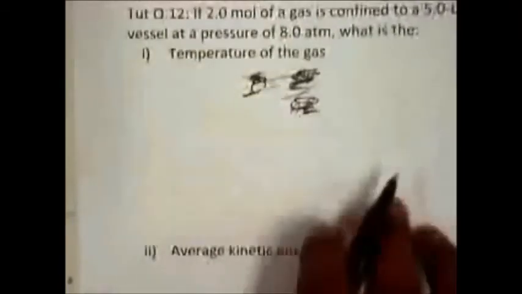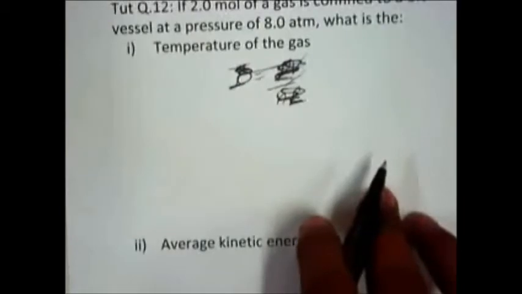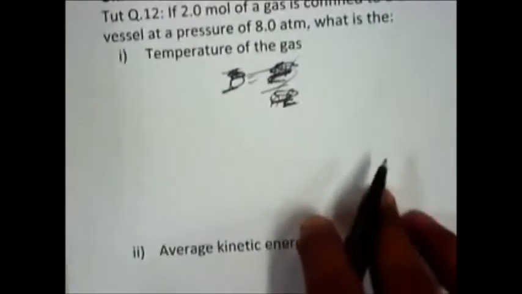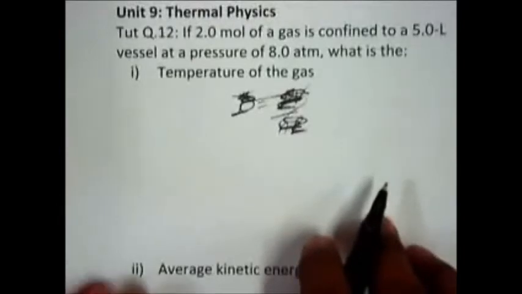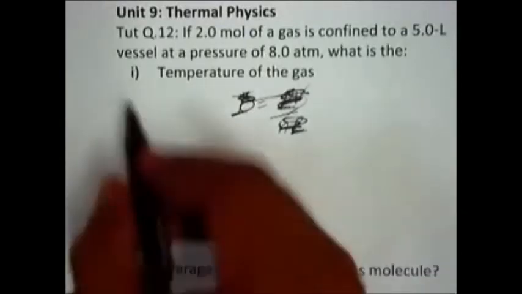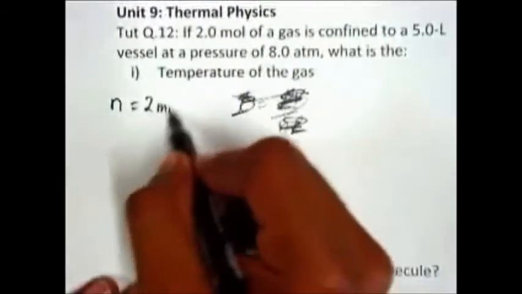Now looking at a question from your tutorial that says the number of moles of a gas is confined to a 5-liter vessel at a pressure of 8 atmosphere. What is the temperature of the gas? Okay. Now you'll see the number of moles, so your n is equal to 2 moles.